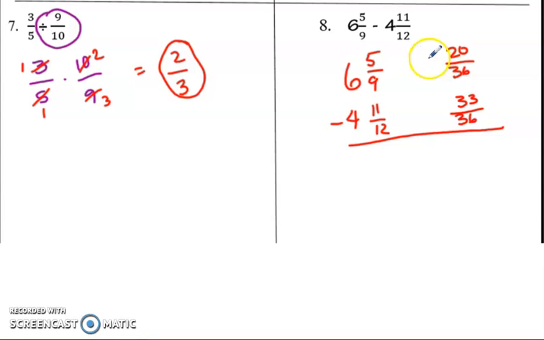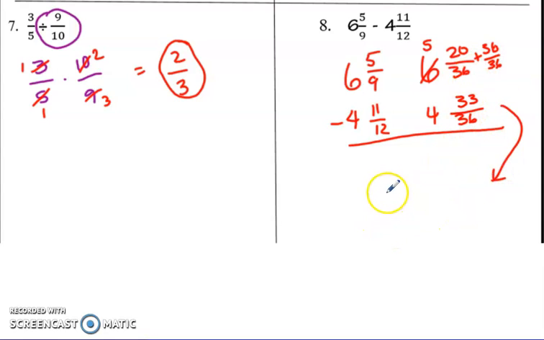I'm going to rewrite this a little bit nicer now. Oh, wait, I still have to borrow some. There's no way that I can take 20 minus 33 with these numbers here, so I have to borrow 36 out of here. I'm going to add 36/36 on this top one. I borrowed 1 from here, so I have to add it here. Now I'm going to rewrite this whole thing nicer.